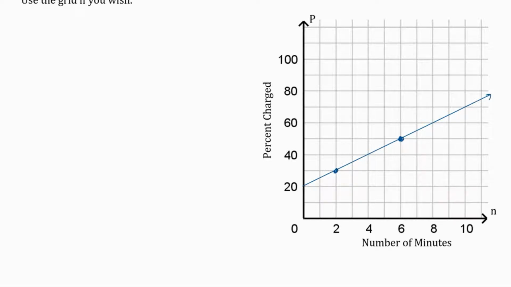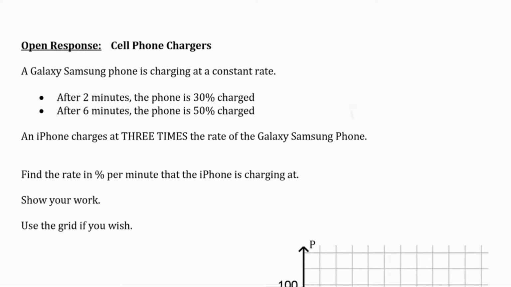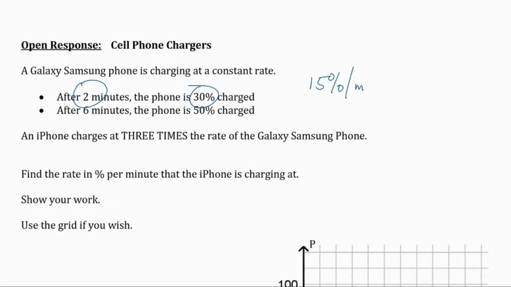Now, remember, I can't find the rate from just one point. What somebody might do is they might say, well, 30% in 2 minutes is 15% per minute. Is that right? Because 30 divided by 2 is 15. That's wrong because that only used one point.